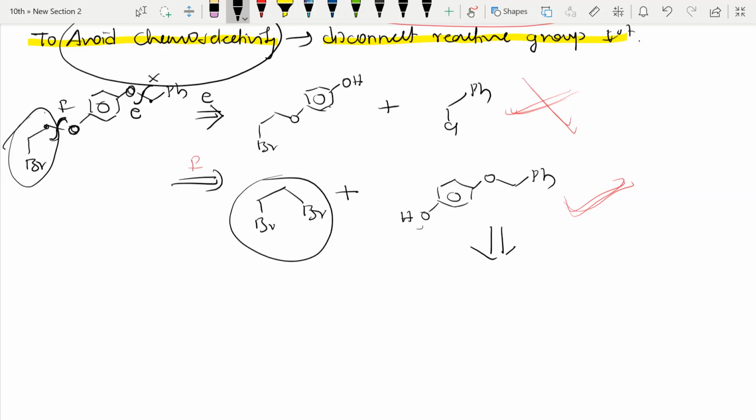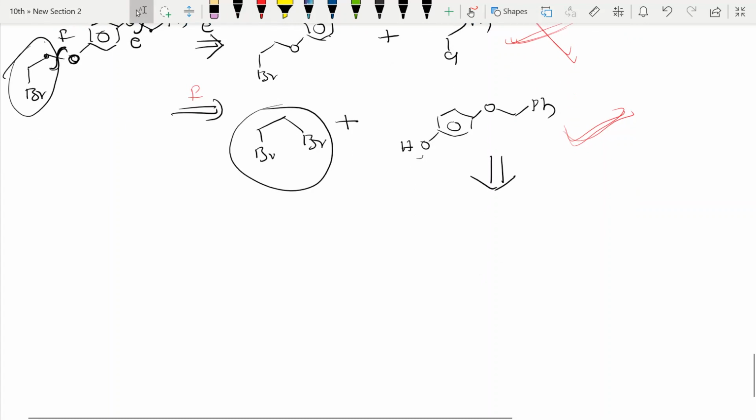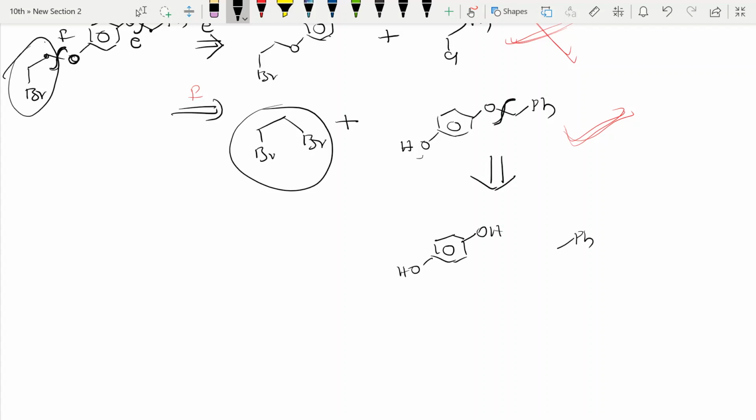So here also we can do retrosynthesis. See here, this compound is there, I can break like this. So I will get this thing, OH here, and here Ph, CH2 and Cl, Cl or bromine, OTs you can put, one which is a good leaving group, right?